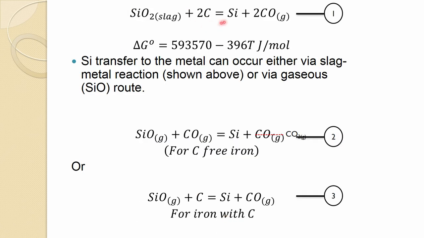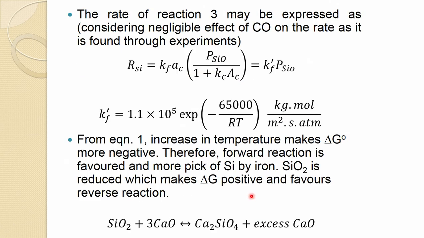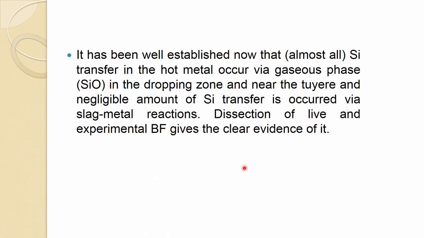If one looks at the kinetics of this reaction, it has been well established that almost all silicon transfer in the hot metal occurs via the gaseous phase in the dropping zone and near the TUR, and a negligible amount of silicon transfer occurs via slag-metal reaction. Dissection of live and experimental blast furnaces gives clear evidence of it.